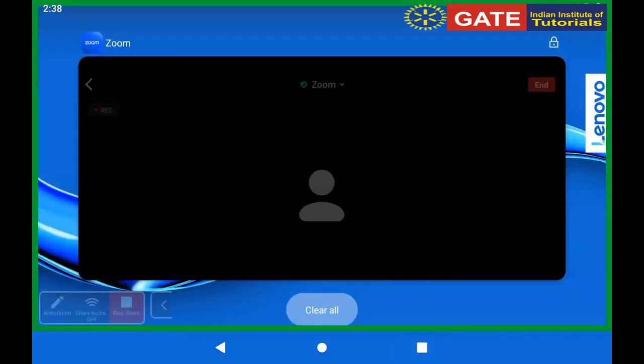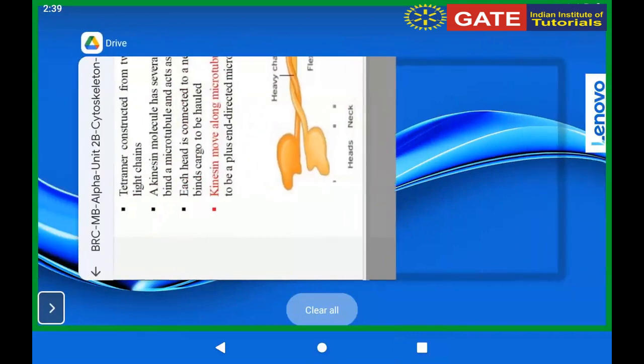So in the head, ATP hydrolysis takes place. ATP hydrolysis gives energy to the motor protein, and now the motor protein helps to transport vesicles from one part to other part.